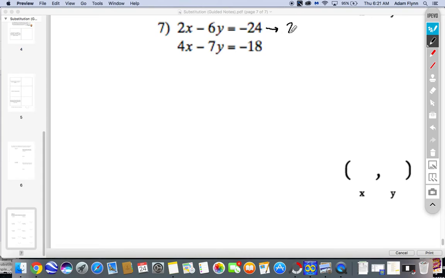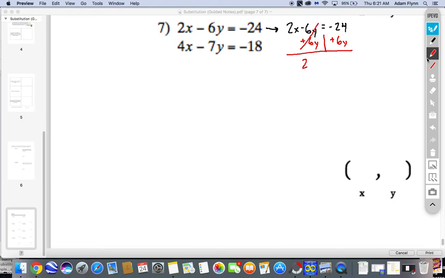So I will rewrite the equation. I will add 6y to both sides. When I do that, negative 6y plus 6y cancels out.